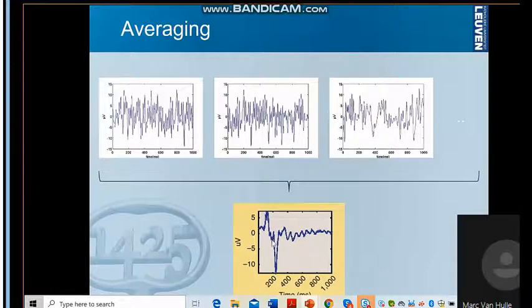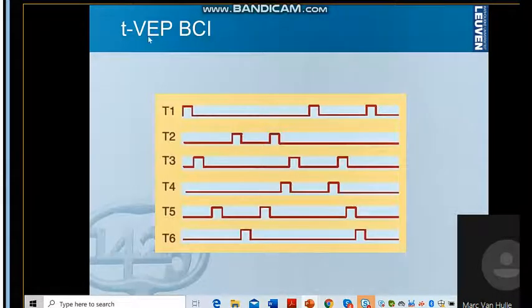So you can build a template. You could use this as a template, just to screen your data at moments where you expect a flash for a particular target. And if nothing is there, then it's probably another target that you have to consider, and so on. Okay, so this is how it works.